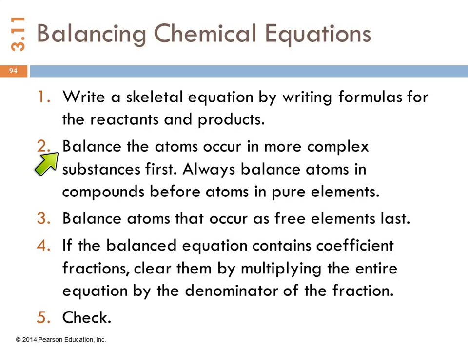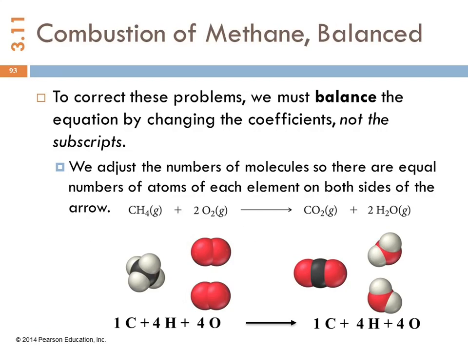So they recommend balance the atoms that occur in more complex substances first, and balance those atoms in compounds before the atoms in pure elements. So let's go back real quick here. In this equation, we have oxygen here as an element.